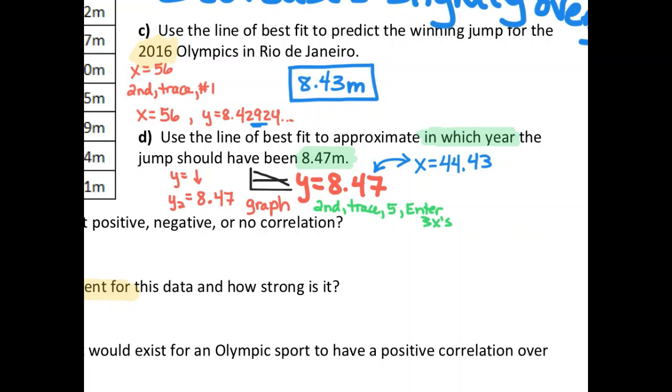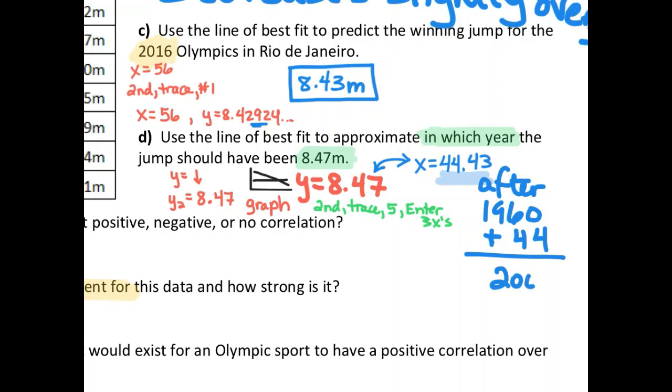So how do we know what year this is equal to? Well, year 44 is going to be 44 years after 1960. And so do 1960 plus 44, and your answer is going to be 2004. So your answer for part D is 2004.